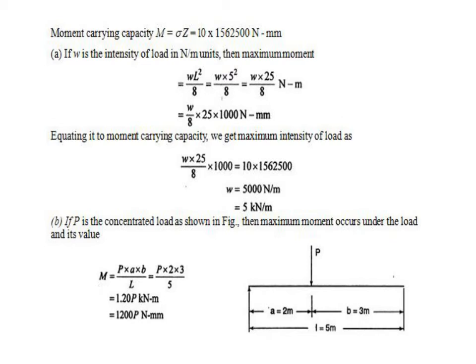Substitute this, we get the moment for the beam having a concentrated load at 2 meter from the left support. The moment value will be equal to 1.2 P kilonewton meter.